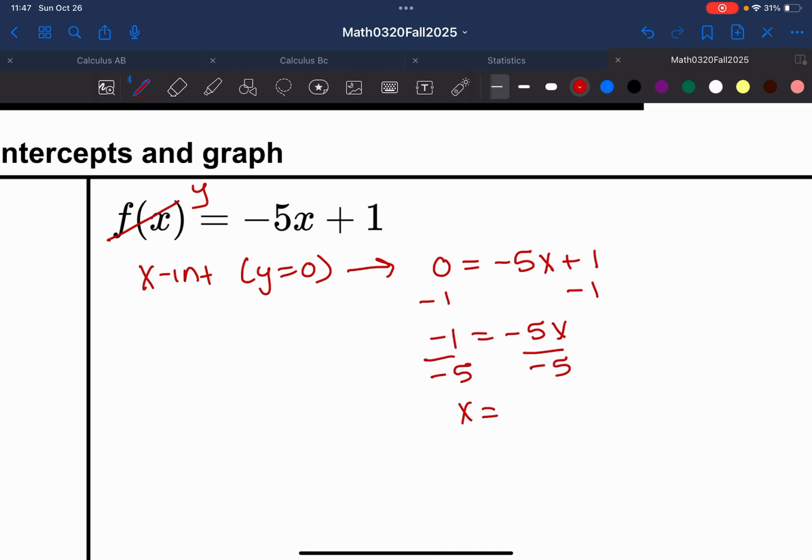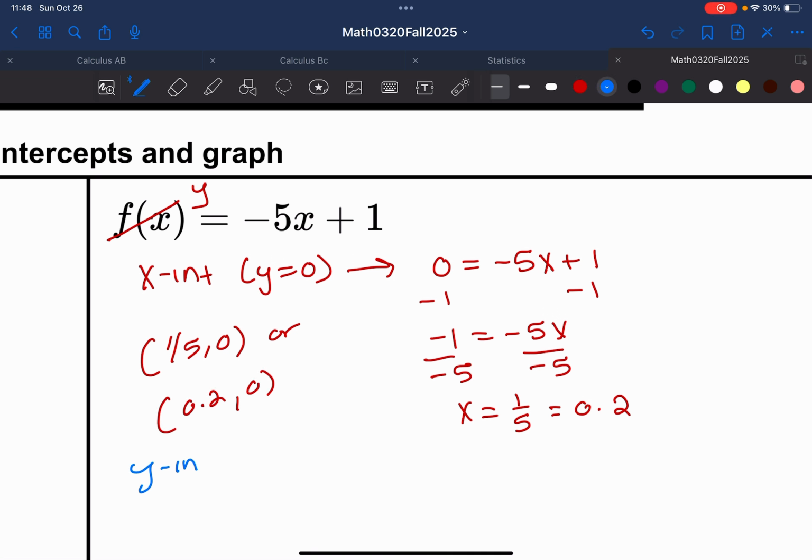X is equal to positive 1 over 5. Okay, which we know is about 0.2. Okay, so that means my x-intercept is 1/5, 0, or you can write it in decimal 0.2, 0.